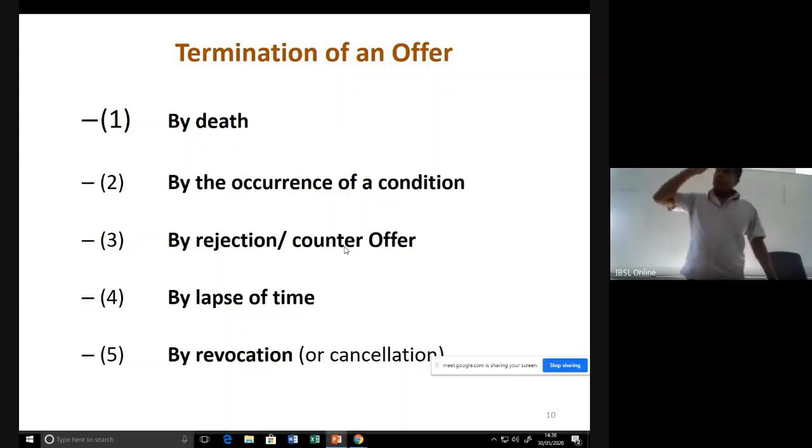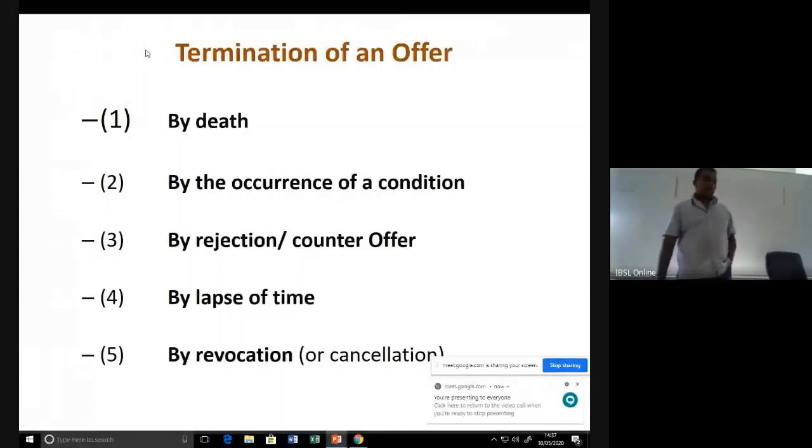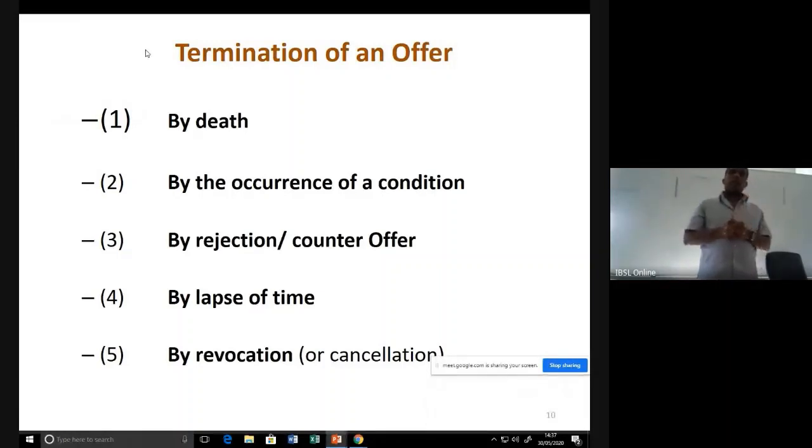Now when a person makes an offer, that is the offeror, how can the offer come to an end? At what point can the offer come to an end?